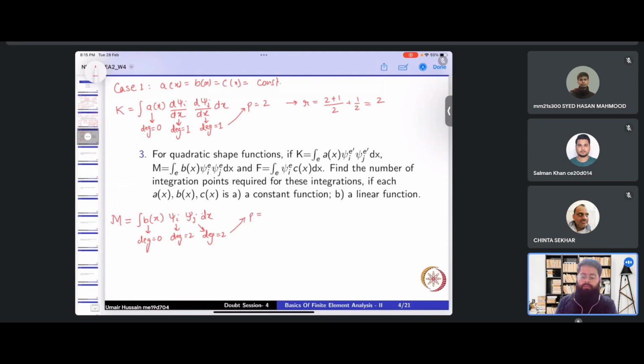So the net degree of the integrand polynomial is 2 plus 2, which is 4. We can find the number of quadrature points required: (p plus 1) divided by 2 plus half. We have 5 by 2 and half is 6 by 2, that is 3. So to find this integration we need 3 quadrature points.